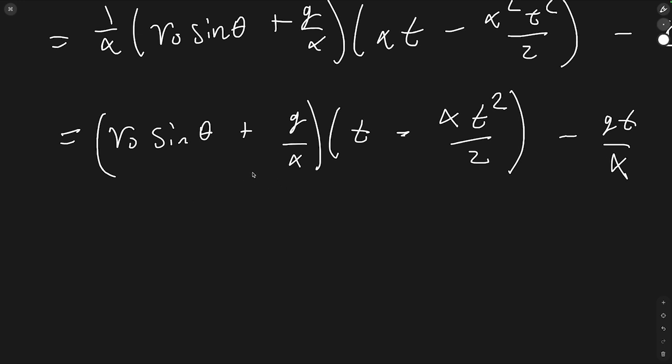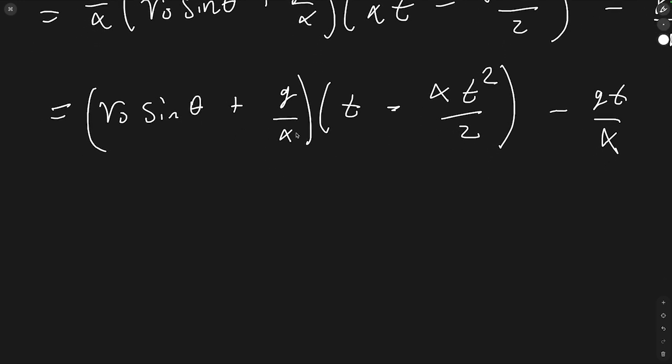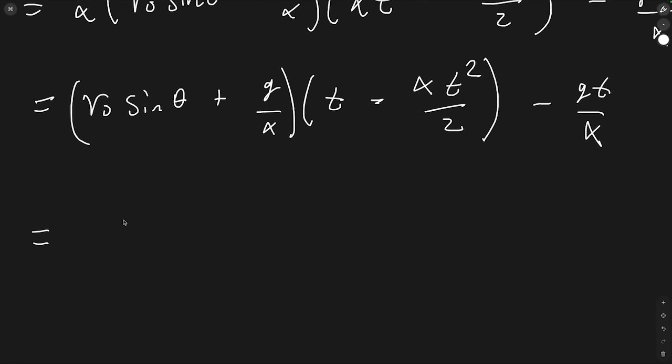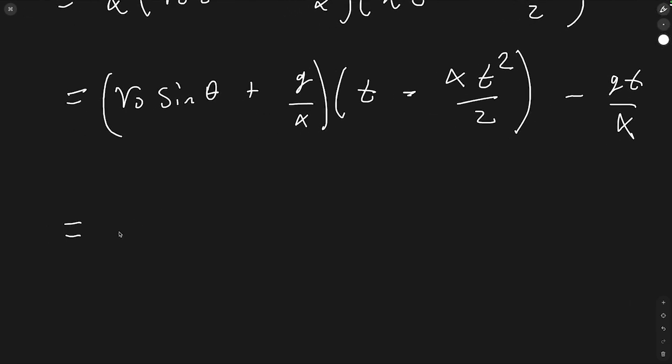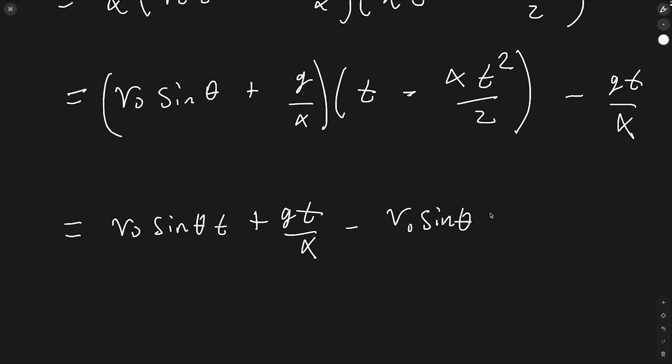Right, so now we could expand this. That's going to be v naught sine theta t, this whole thing times t, plus gt over alpha. And then this whole thing minus this term times negative this term, right? So minus v naught sine theta alpha t squared over 2.